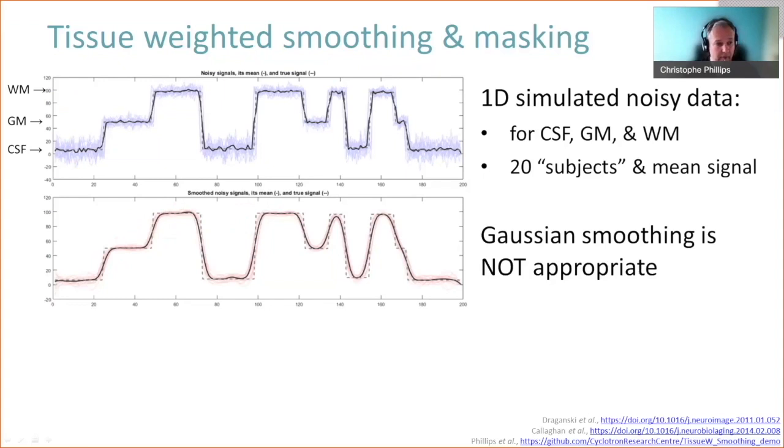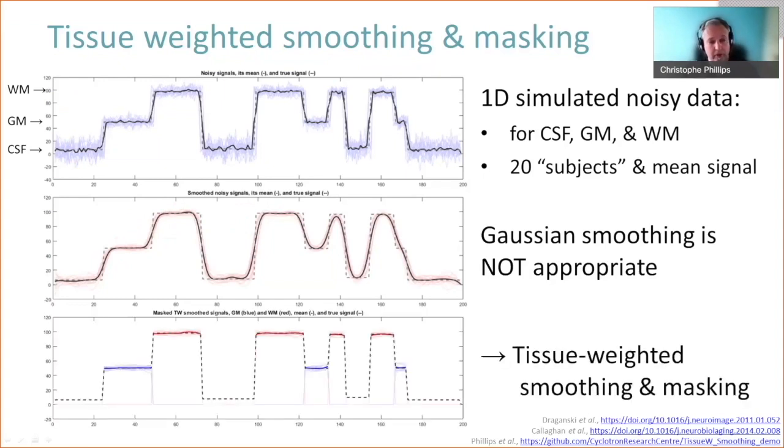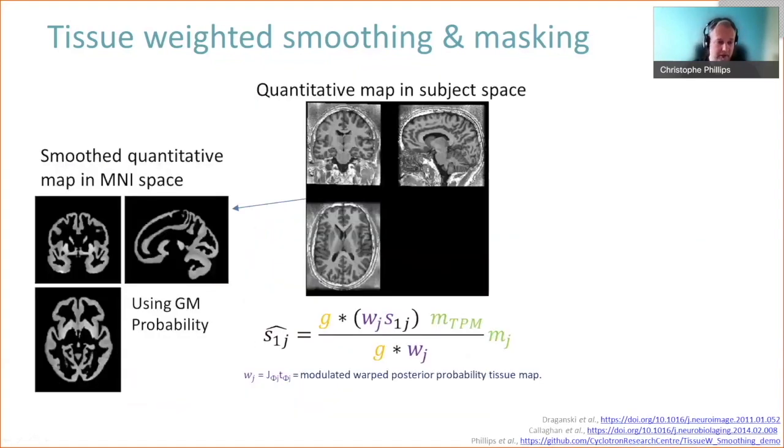Thankfully, we came up with different ways of smoothing. That is a tissue-weighted smoothing, such that smoothing occurs within tissue classes, therefore preserving the quantitative nature within the compartment, like here, gray matter and white matter, and not mixing up the signal between those two. In practice, in 3 dimensions, this is exactly how it works.